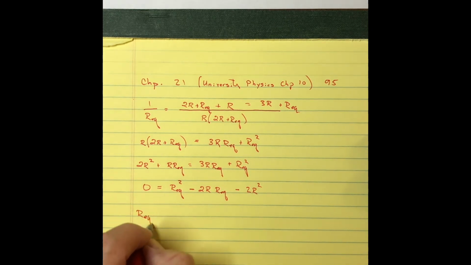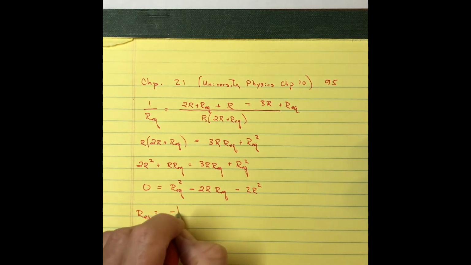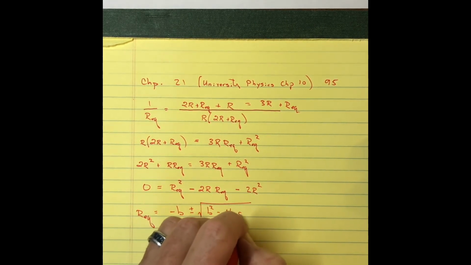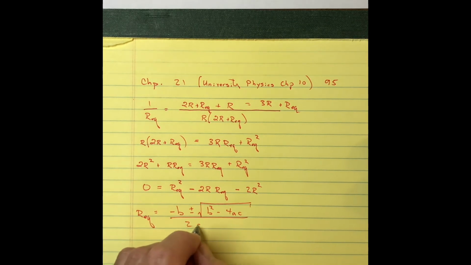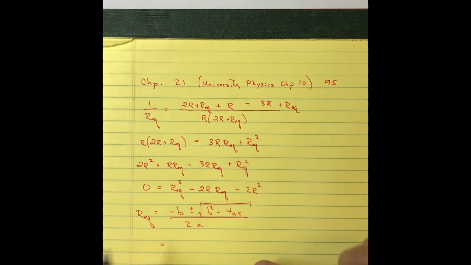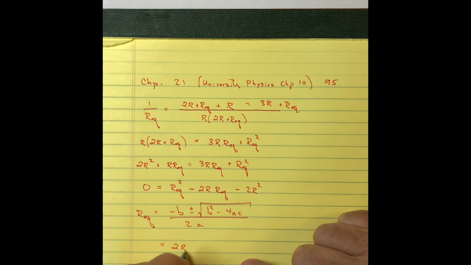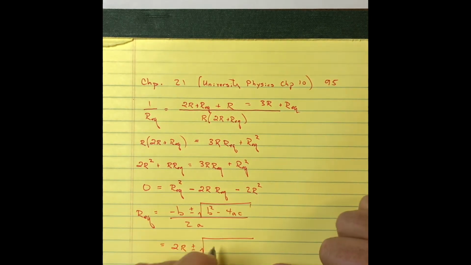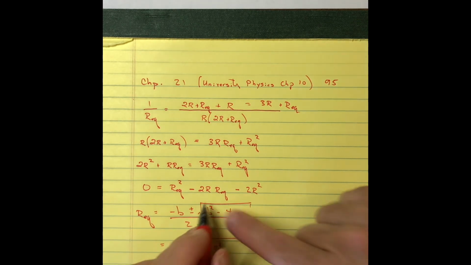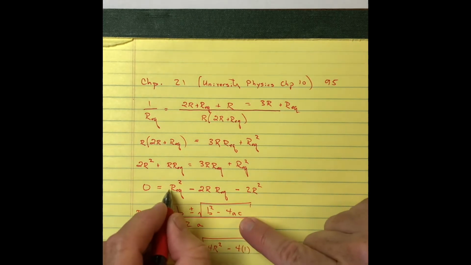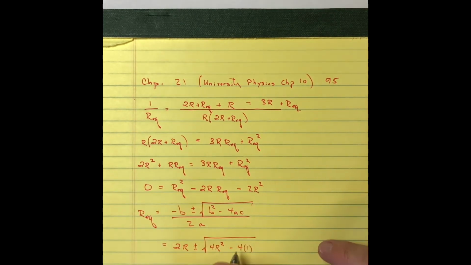So to get the equivalent, remember it's the opposite of b plus or minus the square root of b squared minus 4ac, all over 2a. So in this case, opposite of b, so b would be a negative 2R, so I'll just call that a 2R, plus or minus, and then b squared would be 4R squared, right here, minus 4 times an a, which is a 1, and a c is a negative.